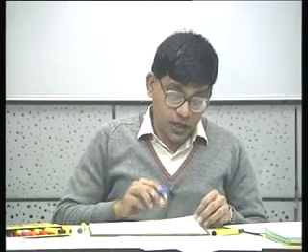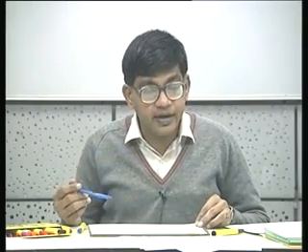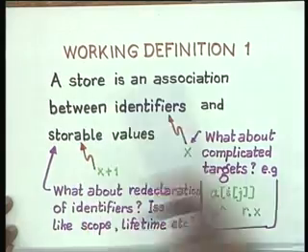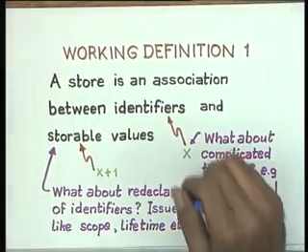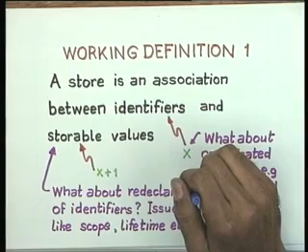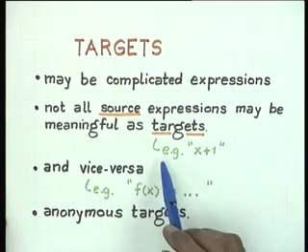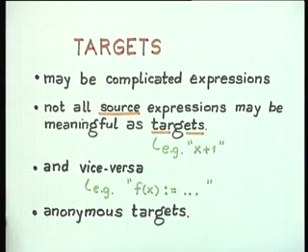So then there are further complications. What about when identifiers get redeclared? Can you just talk about a store as such an association? Is a redeclared identifier different from the identifier that was previously there? What about scope issues, right? And also not all target expressions might be meaningful.